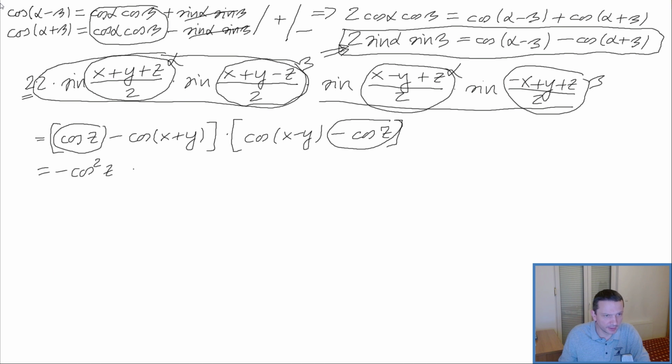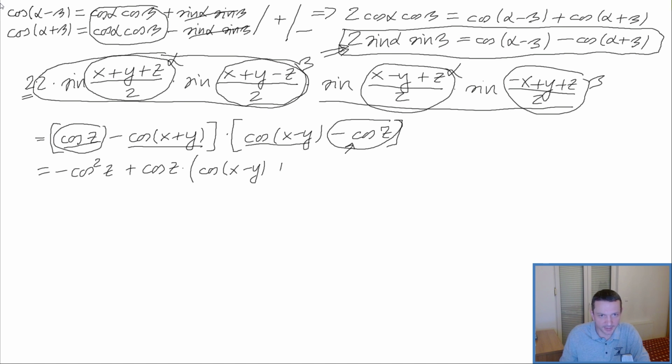Then we will have two terms containing cosine z multiplied with cosine x minus y, obtained by multiplying this guy here with this guy here, and also multiplying this last in the second bracket with this one. Minus and minus gives plus.